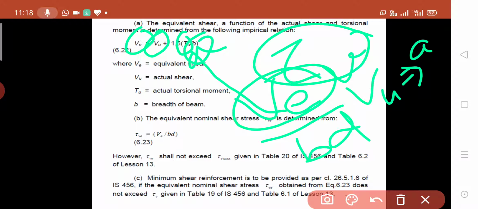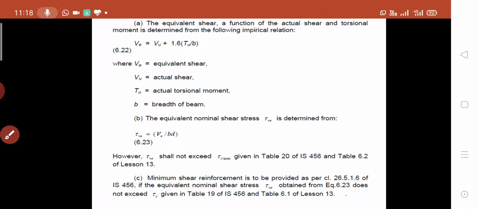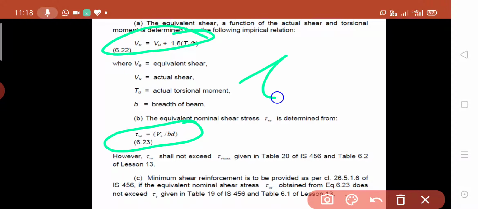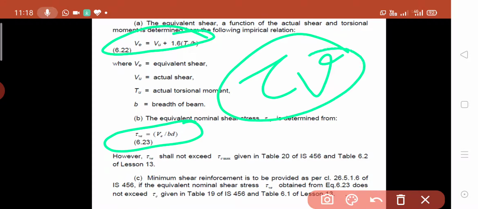So from the first formula we find VE, and from this formula we find tau V. This is the nominal shear stress.